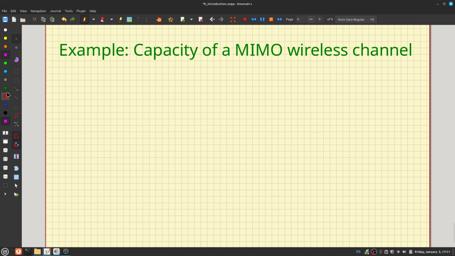So I'll pose an abstract mathematical optimization problem. The problem is as follows. The goal is to find, again, I'll have to define what the variable is. My variable is going to be a matrix. It's going to be a square matrix, and in fact a symmetric matrix.